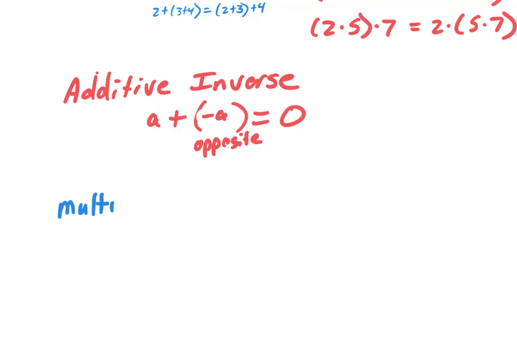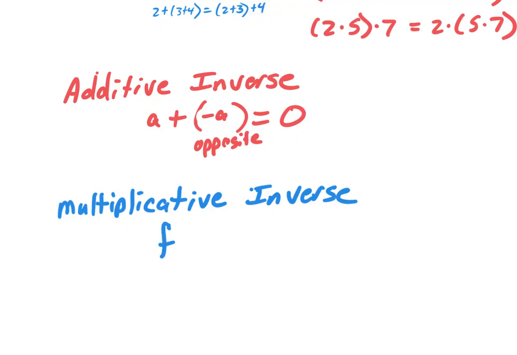This word is kind of a mouthful, but we call it the multiplicative inverse. So multiplicative, obviously that means multiplication. And once again, we see an inverse. Okay, now because it's multiplication though, once again, let's start with F, or letter, okay, whatever letter you want to use.